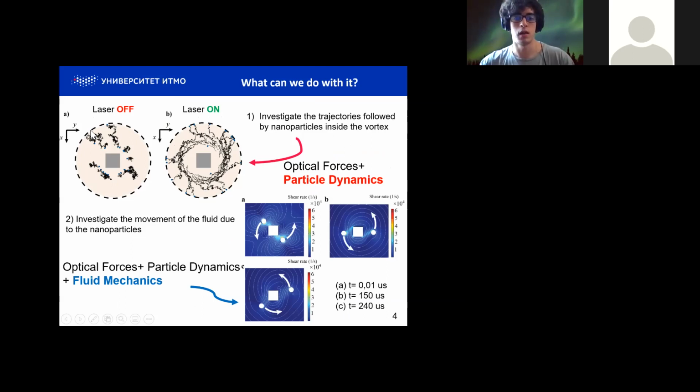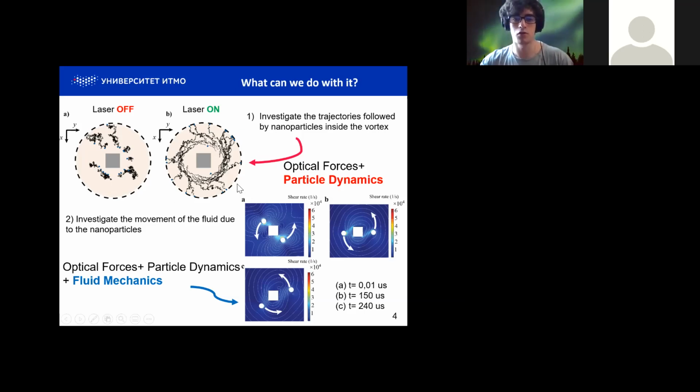So we investigate the trajectories, and here what you see is that we combine optical forces from before and we add particle dynamics. In a third step, we can combine optical forces and particle dynamics plus fluid mechanics. So we observe not only the behavior of the particles, but how the particles affect the fluid surrounding them.